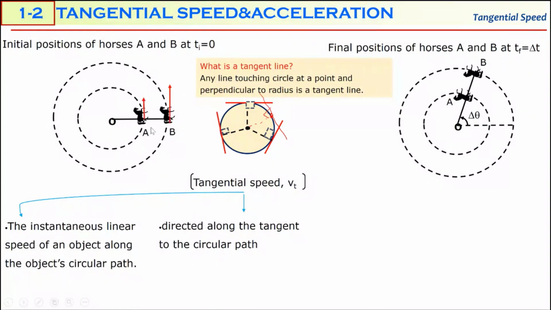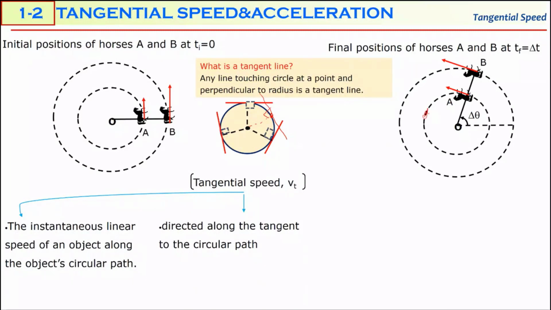That's why their directions will be along the tangent like this. This horse at that point will be moving along the tangent of the circle. At that point, when they advance to a new final position, they are still moving along the tangent to the circle. So when these horses come here, assume that this is the new position.